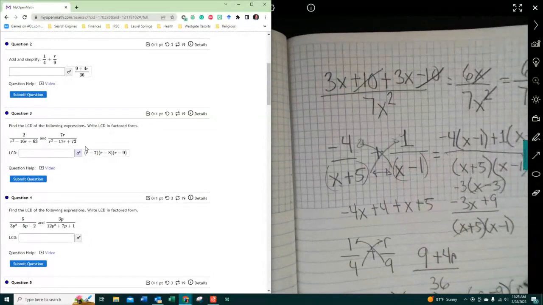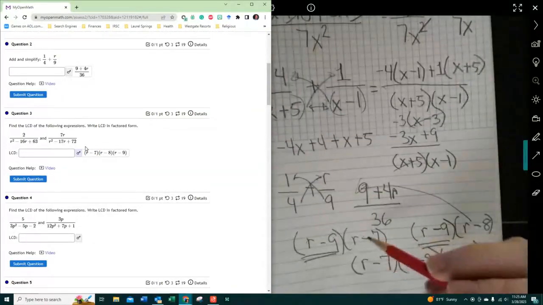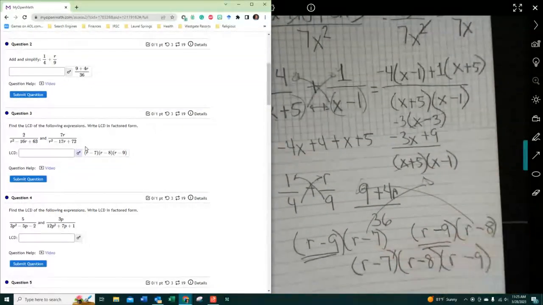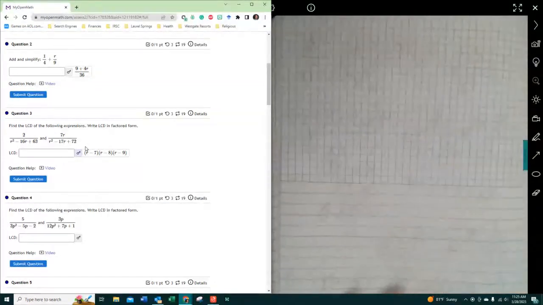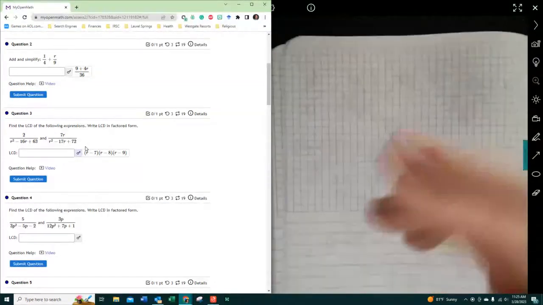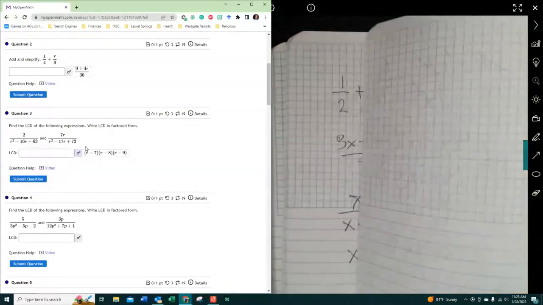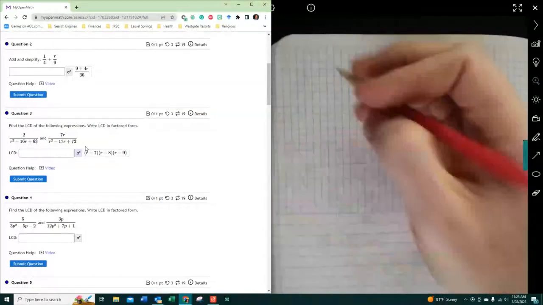So I'll be multiplying this side by the R minus 8, and then I would be multiplying the other numerator by the R minus 7 because they don't have that in common to each other. So that's where the true fun begins, and that's what they're leading us towards. So we have to factor to reveal where commonality is present.